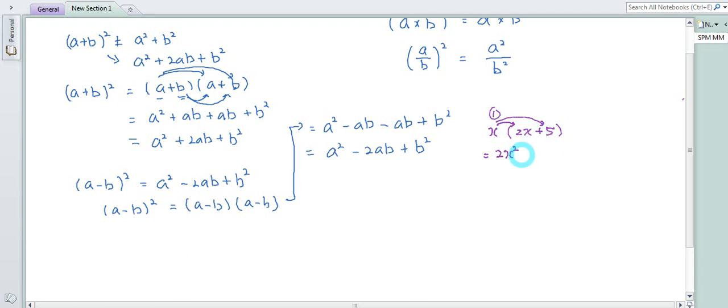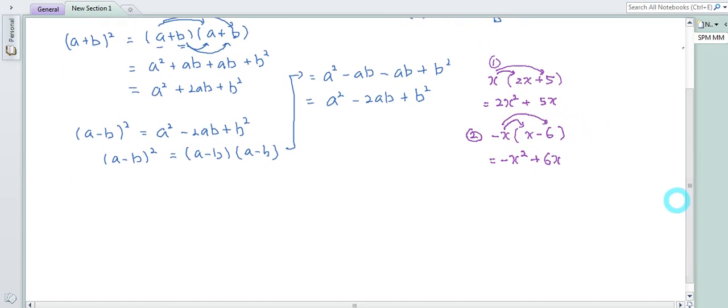Positive times positive, you still get positive, so you will have 5x. Easy, right? When you have negative, you need to be more careful. Let's say negative x(x - 6). Same procedure actually. Negative times positive, we get negative x squared. Negative times negative, we get positive 6x.